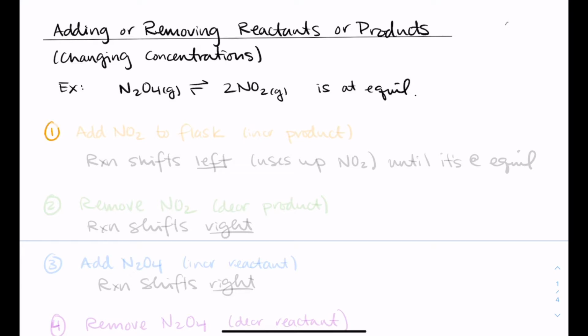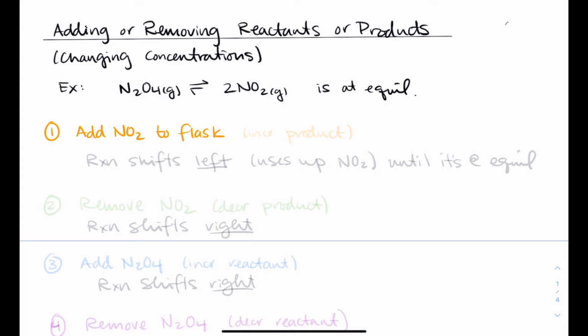So in order to get to equilibrium, it's going to use up some of the NO2. So the reaction would shift, in this case, to the left. It would use up NO2 to make N2O4, and it would go until it's at equilibrium.